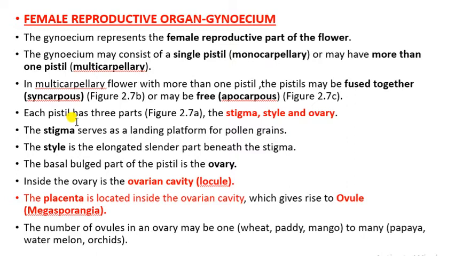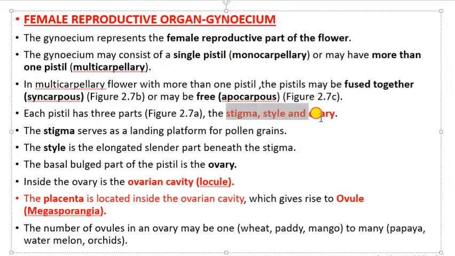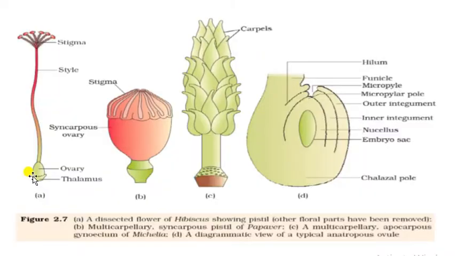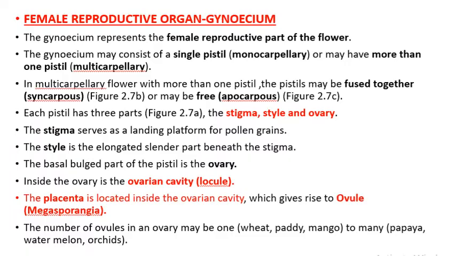Now each pistil, as you know, has three parts: stigma, style and ovary. If you see the diagram of a pistil, the uppermost part is known as stigma, then there is a long stalk-like structure known as style, and at the bottom there is a bulged part, which is known as ovary.